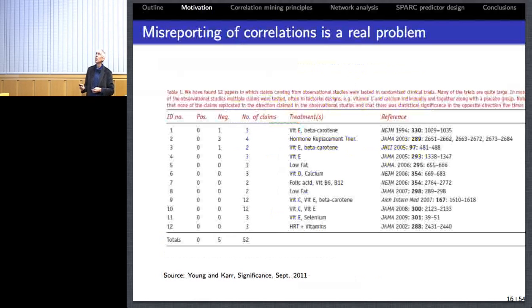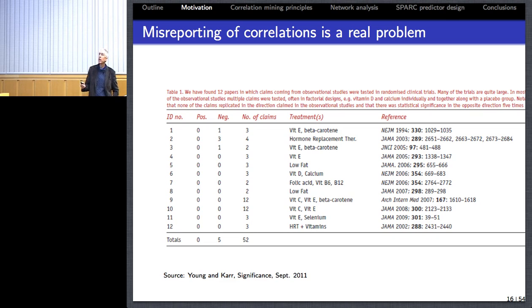Misreporting of correlations has led to retractions of published papers in journals like the New England Journal of Medicine, and other journals where, unfortunately, the reviewers didn't pay attention to this problem of false positives. So this is a very interesting article by Young and Karr, who are director and co-director, respectively, of the National Institute of Statistical Sciences in Raleigh-Durham.